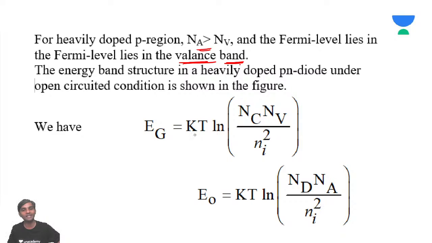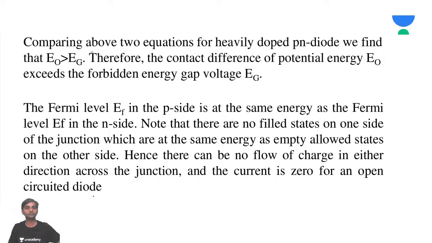Eg is going to be kT into ln of NC NV by ni square, and E0 is going to be kT into ln of NA ND by ni square. This we know. Comparing the above two equations for a heavily doped PN junction diode, we find that E0 is greater than Eg.